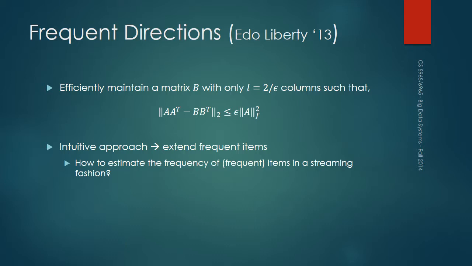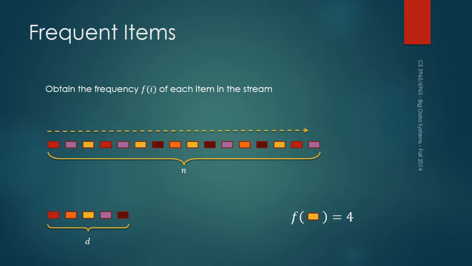The question now is, in a streaming fashion, without having full memory, can you do this? It's the same extension to the matrix case, but it's much easier if you consider the one-dimensional case. It's a vector of items showing up instead of a matrix. So you have some n items. In this case, they're different colors, and they're showing up.